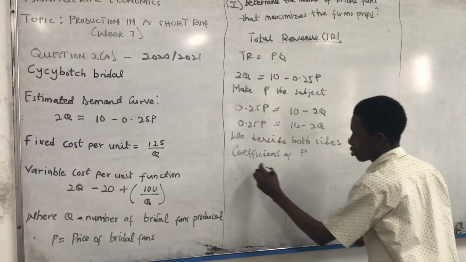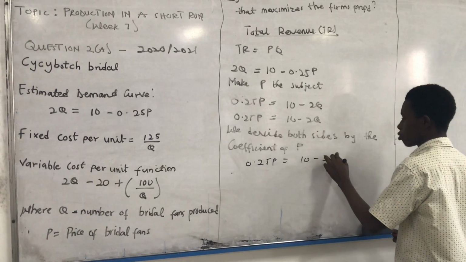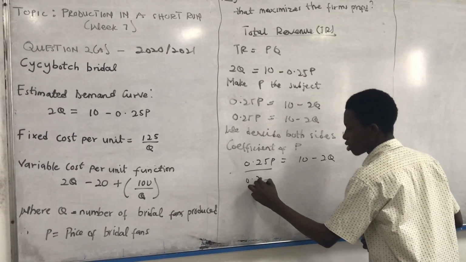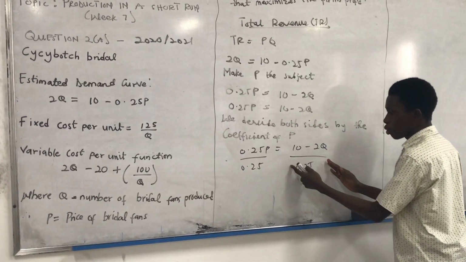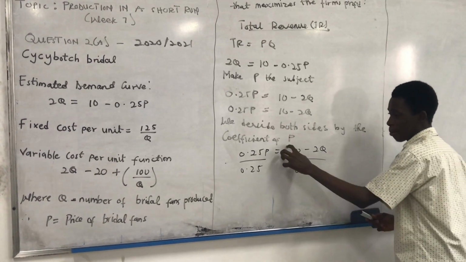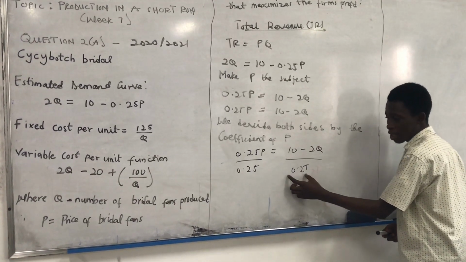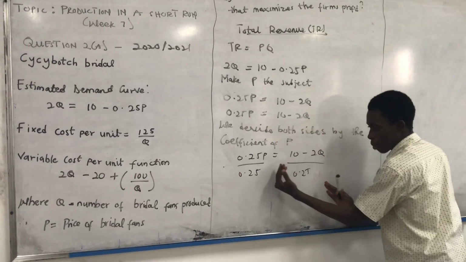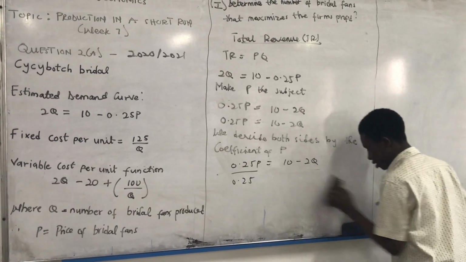So now we have 0.25P equals 10 minus 2Q. If we divide this way, you might be marked wrong. This is a number, and this is a number with a variable. So we don't divide all by the denominator, which is 0.25. Rather, we separate them. So this is wrong, so we clean this.